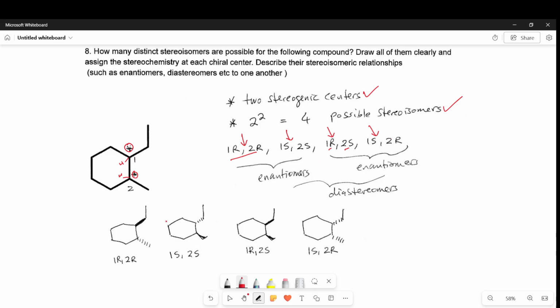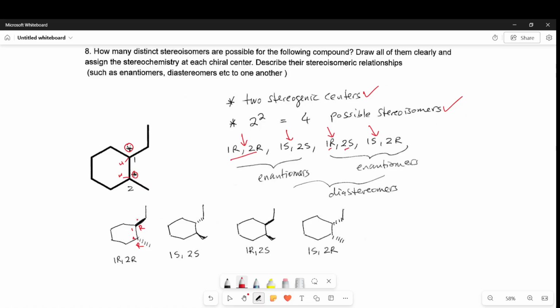How to draw them? Here, if I put the ethyl group, for example, in a wedge coming toward me out of the plane of the board, and the methyl group going down, that would give you an R and an R configuration, 1R, 2R configuration.